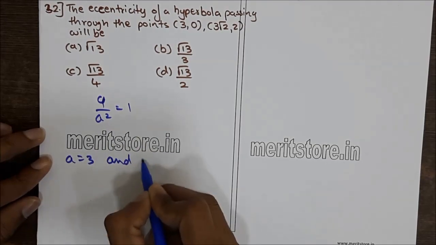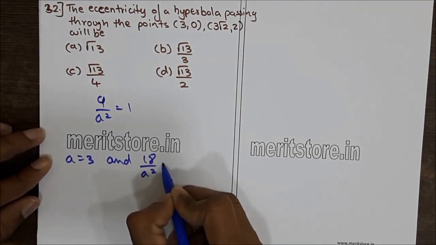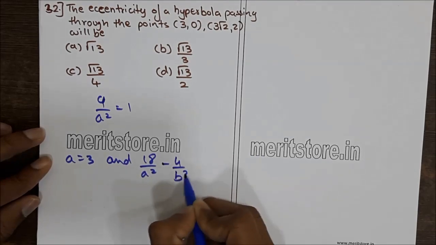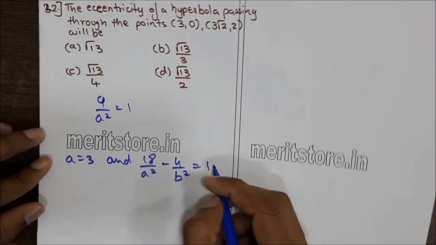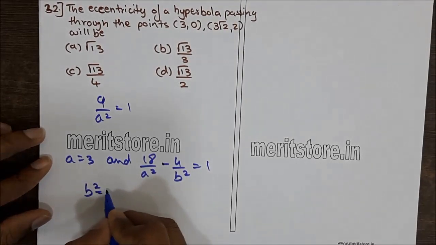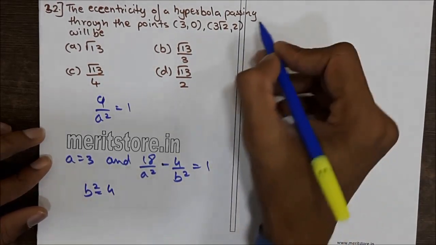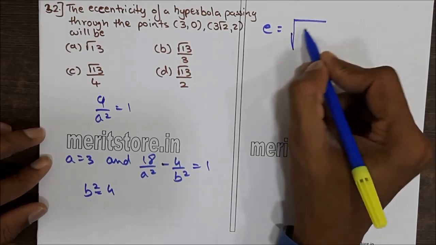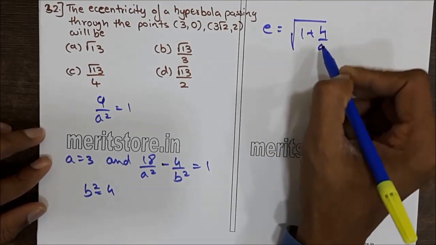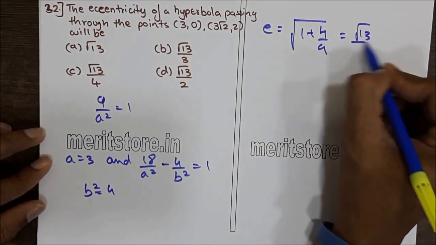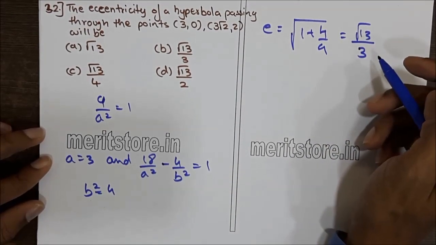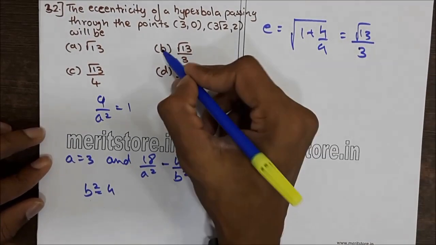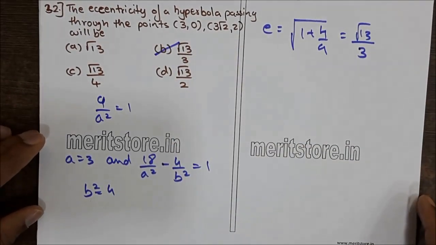Then 18 by a square minus 4 by b square, when we substitute this value, we get 1 equal to 1. So we get b square is equal to 4. So eccentricity E is equal to root of 1 plus 4 by 9, which is equal to root 13 by 3, which is our option B. Therefore option B is the correct answer.